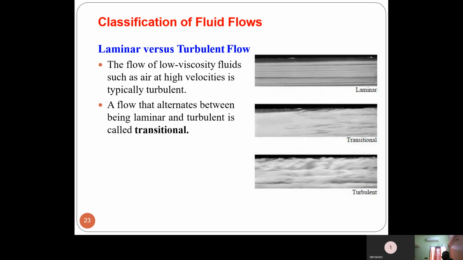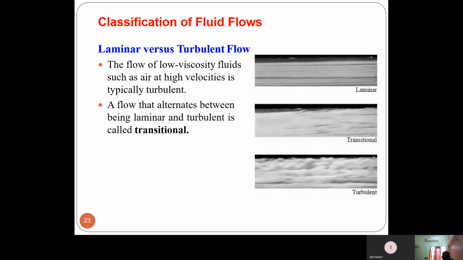If Reynolds number is between 2300 and 4000, that is called transition. And if Reynolds number is greater than 4000, then that flow is called fully developed turbulent. By this, we can say whether the fluid is laminar.